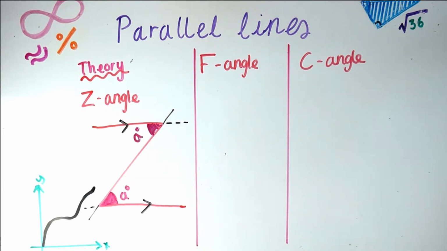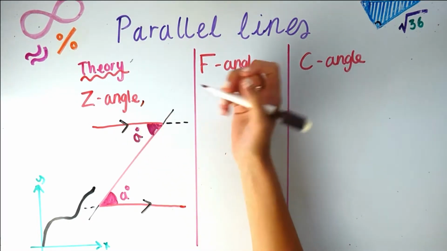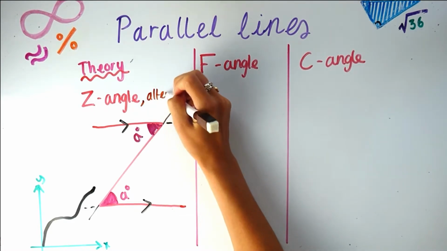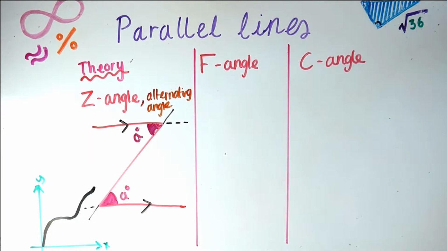Now this has a better name. Well, to be honest, I think it's a worse name, but it has another more mathematical name. Zangle is helpful for recognizing what it is, but it's also called an alternating angle. So within some exam questions we'll see an example of a zangle. That's what it looks like.